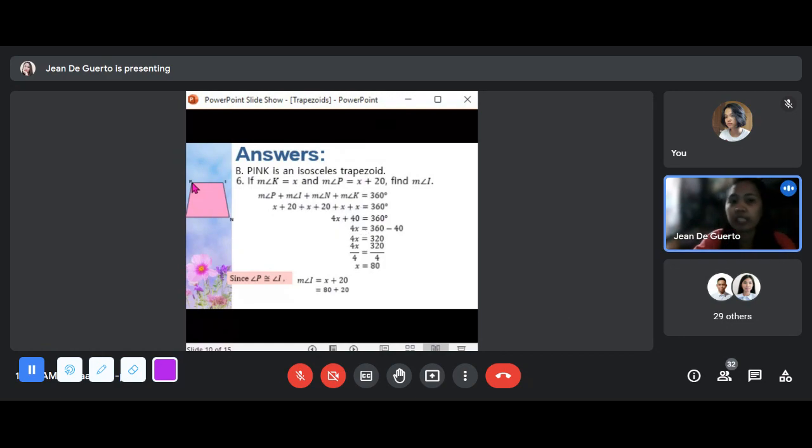There are instances na hindi sila supplementary. But for isosceles trapezoid, if they are not a pair of base angles, they are always supplementary. Ayan. So, measure of angle I is 100 degrees. Okay.